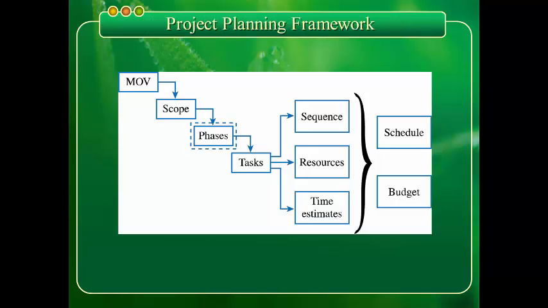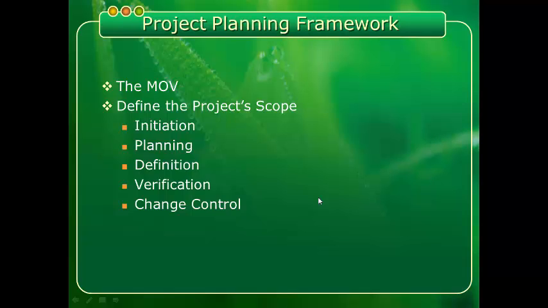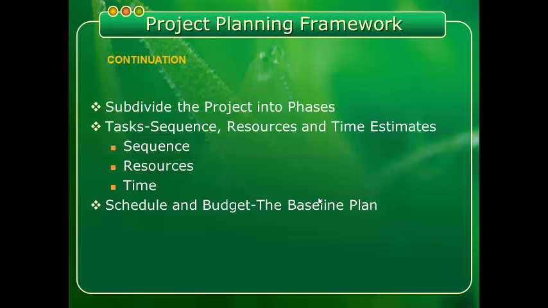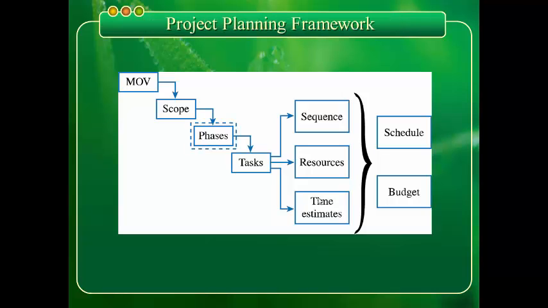Suggested is we are going to subdivide, and these are the divisions in terms of phases. The fourth one is task, sequence, resources, and time estimates. We have subdivided it into three: the sequence, the resources, and the time. And the last one is the schedule and budget, so the baseline plan, as indicated on our diagram.